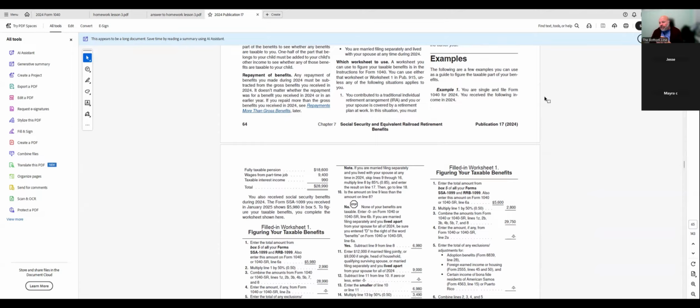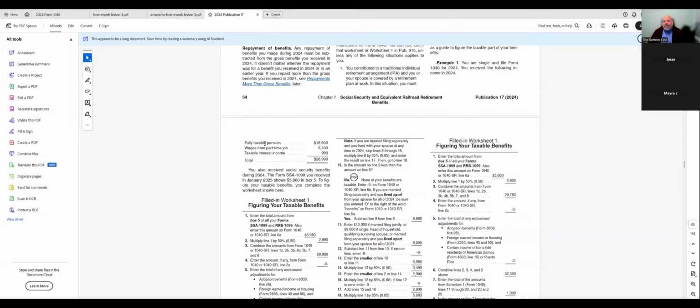So I'm on page 64 at the bottom right. So when we go down here is the same example, fully taxable pension was 18,600. Wages from the part-time job, 9,400, and taxable interest income, 9,990. Total income, 28,990.